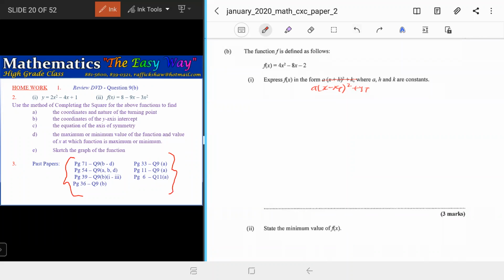This is what I'm doing in the exam, guys. So I'm going to write my a, my b, and my c right here. My a is equal to 4, my b is equal to -8, and my c is equal to -2. I need to calculate my xt and my yt.